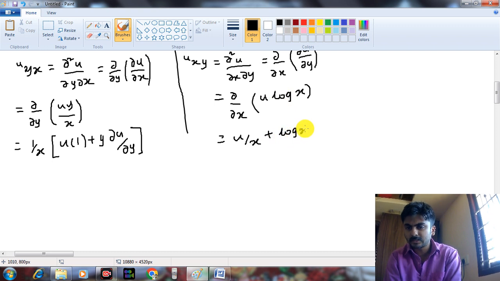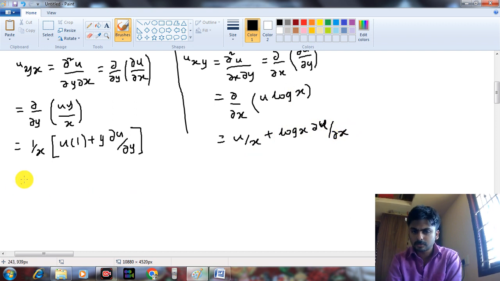Log x into dou u divided by dou x, that is equal to 1 by x.